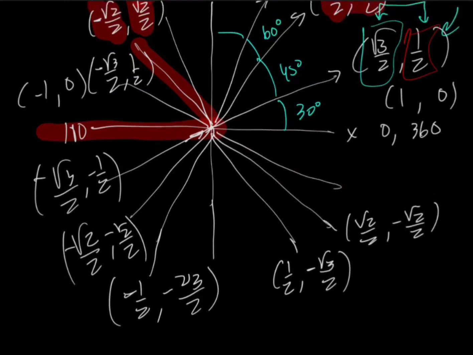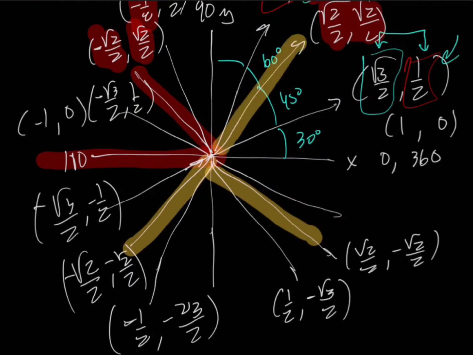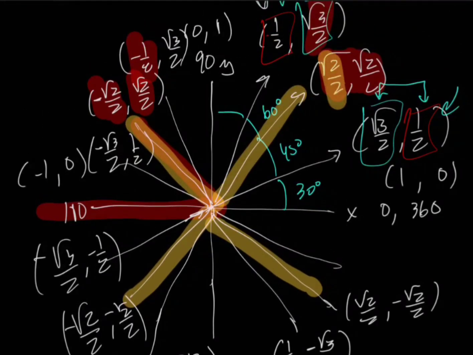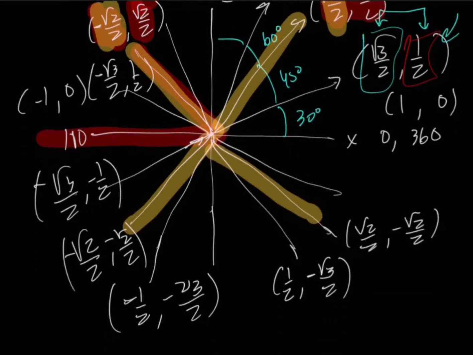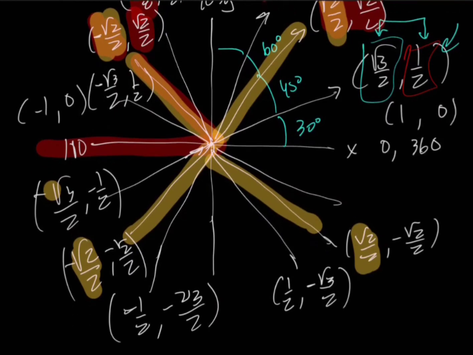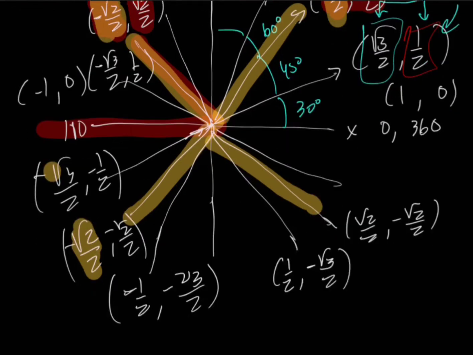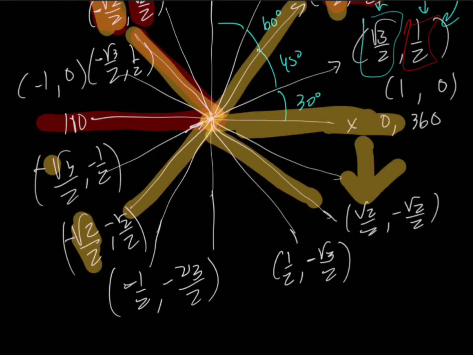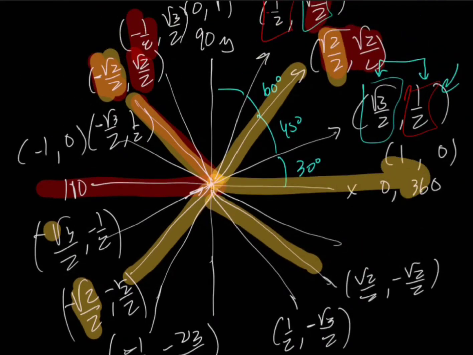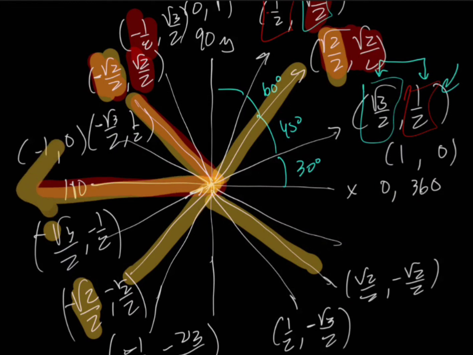You also always notice that the middle one, see how there's 3 lines here? Well, the middle one, this one, this one, this one, and this one, all have coordinates square root of 2 over 2. It just depends whether the x or the y is negative based on which quadrant you're in. Because again, if we're below the x-axis here, then we have negative y values. And if we're to the right side of the y-axis, then we have positive x values. And if we're to the left side, then we have negative x values.